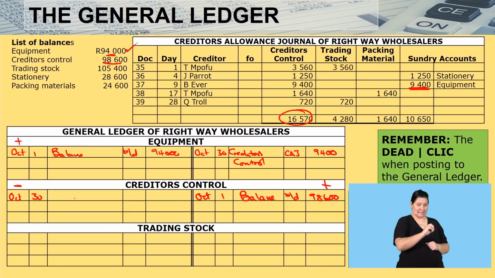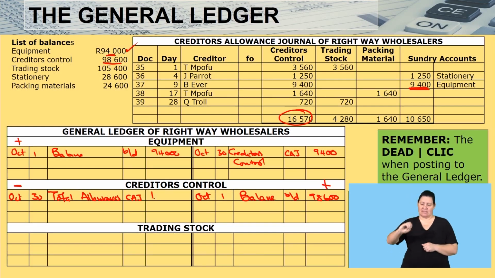What do I say? Total allowances. Total allowances. And this is from the CAJ. And how much is that? We spoke about it, 16,570.